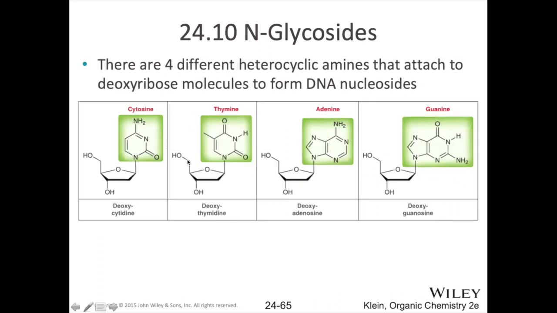Okay, so in the case of both RNA and DNA, there are 4 different bases we can use: cytosine, thymine, adenine, and guanine. You've probably seen those abbreviated just by their initial letters, C, T, A, and G. Okay, and so just changing the combination of those bases, the sequence at which those bases show up on your polymer chain, is how DNA can store genetic information.